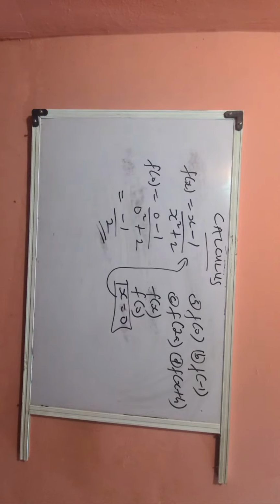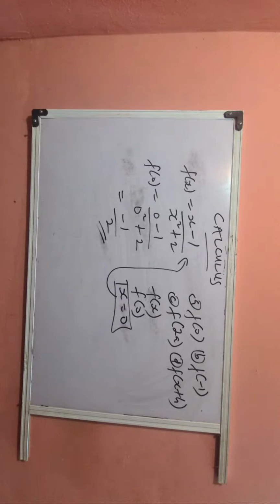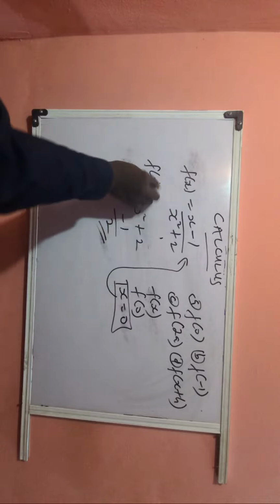So that's so simple. You can find f of minus 1 yourself. Can you quickly tell me what your answers are in the comment section? Tell me what f of minus 1 is. And while you're doing that, let me try and solve for f of 2a.